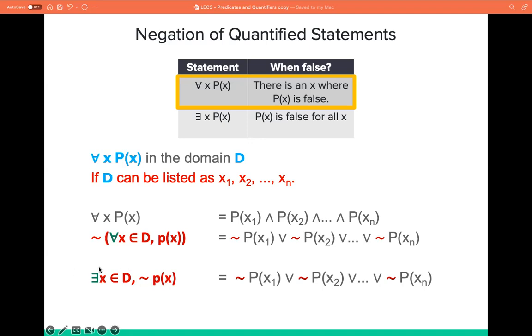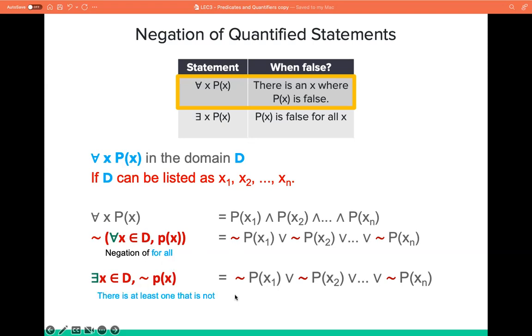Because the existential quantifier is tied to disjunction, we can express it as: not P of x sub 1, or not P of x sub 2, or not P of x sub n.